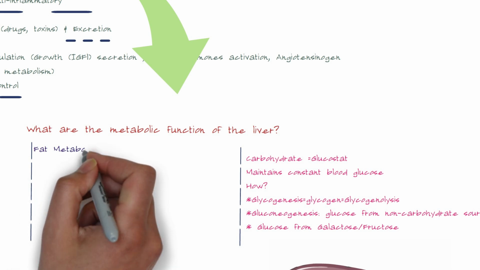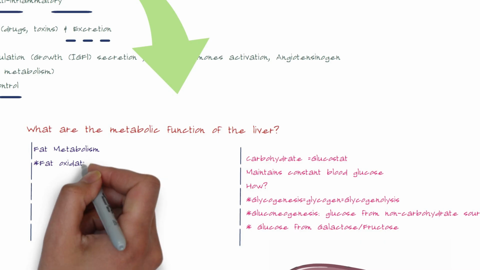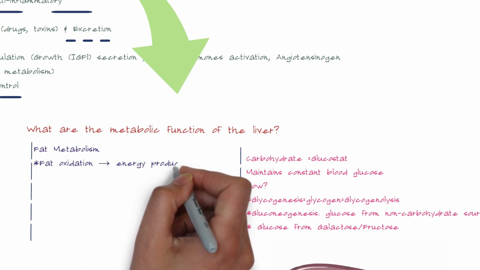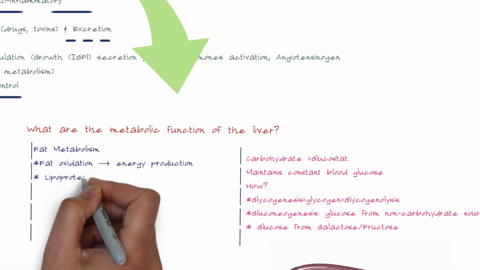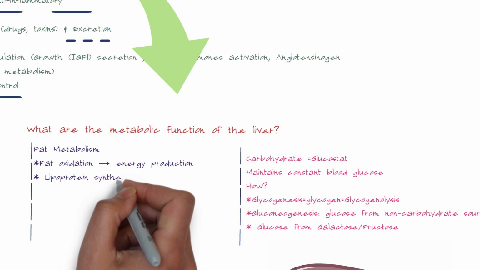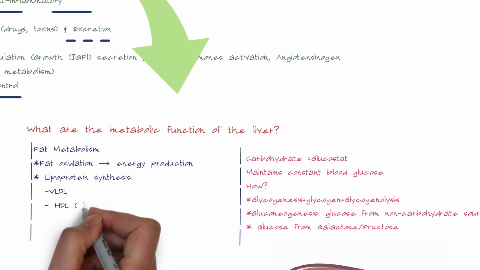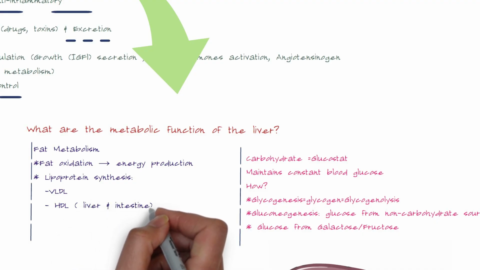The second important metabolic function is the fat metabolism. And here we have three main important roles for the liver: fat oxidation to produce energy, fat synthesis from carb or protein, and the liver also packages the fat to travel through the blood through the formation of the lipoprotein.